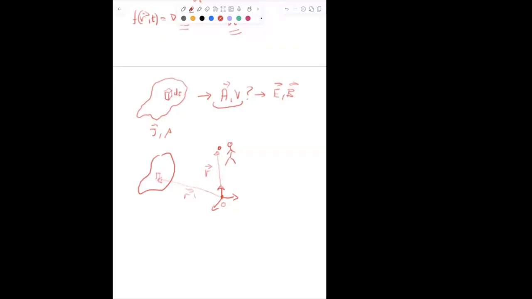Actually, this is the reason why I taught you the course so slowly, so that you'll understand these notations. I think by now you understand them perfectly well. And you also know that what is going to be important is this vector that describes the distance between the charge and the point of observation, which I denote by R minus R prime. So these are just definitions and nothing new here.